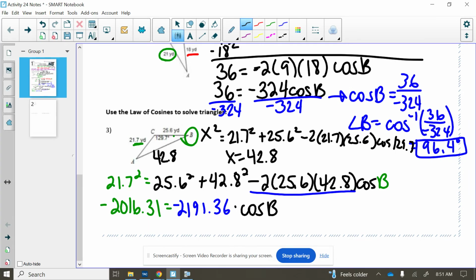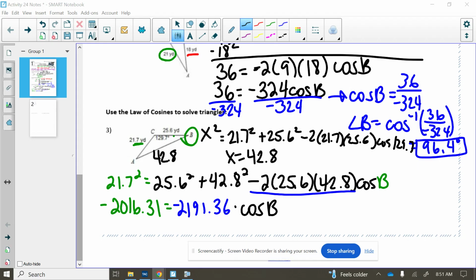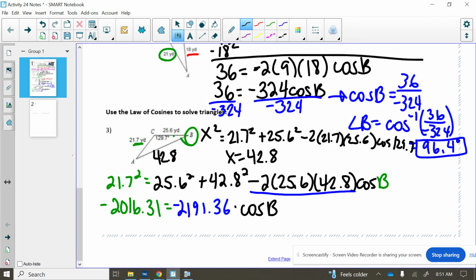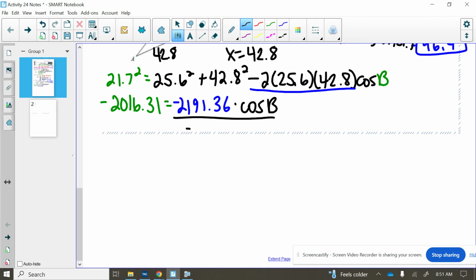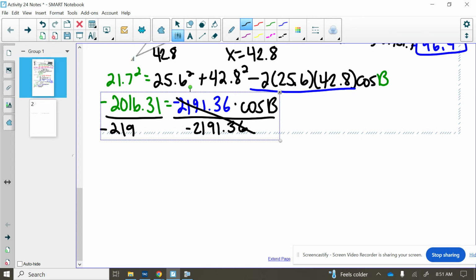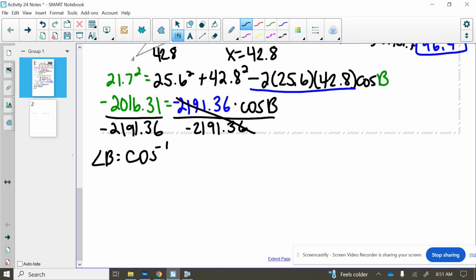Well, to get b by itself, again, we are going to end up taking the cosine inverse. We first need to divide away this 21.936. And essentially, that's what we're going to end up taking the cosine inverse of. So to find angle B, again, you need the inverse of this piece divided by this piece.